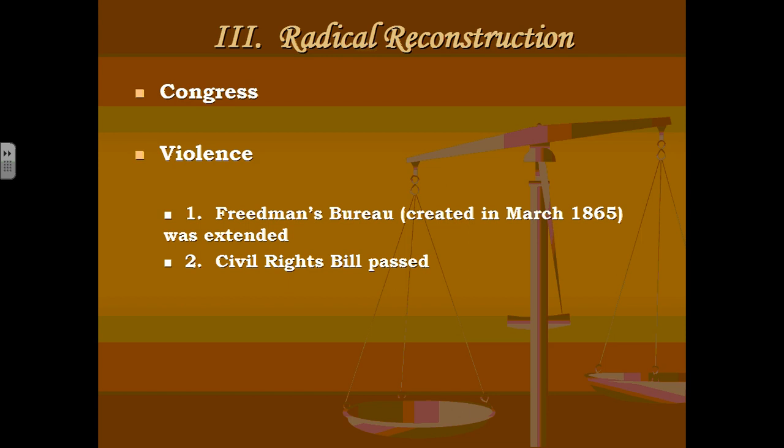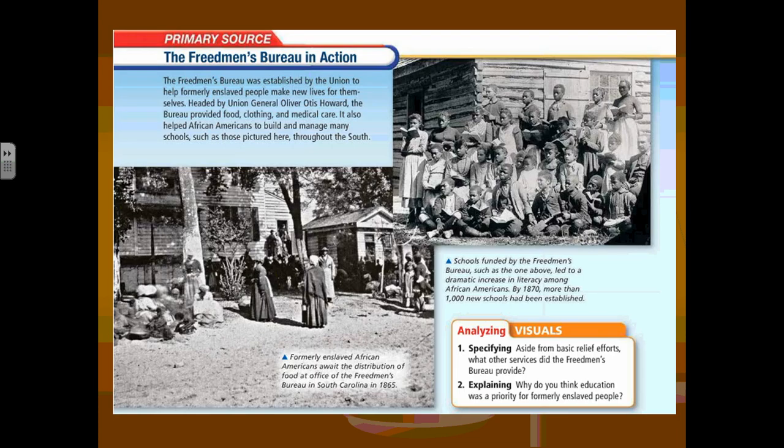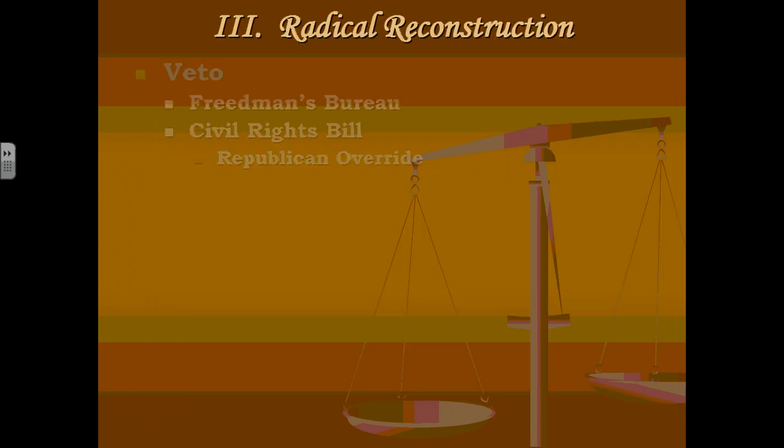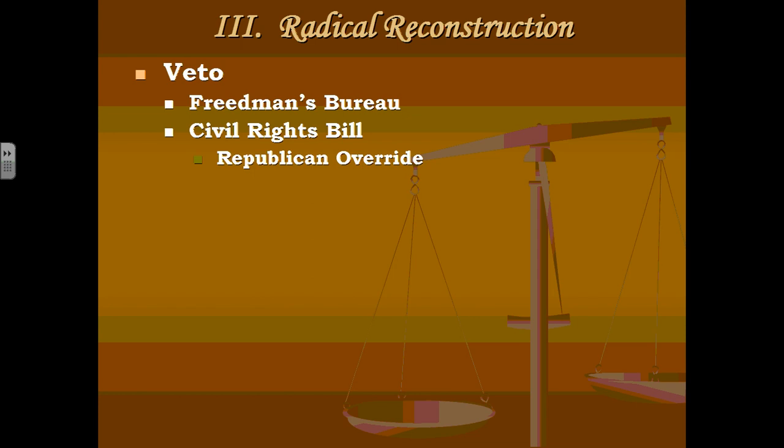A civil rights bill was also passed, designed to protect the civil rights of African Americans in the South. So you can take a look here, and this gives you a little bit of information about the Freedmen's Bureau. Johnson vetoed both the bill to extend the Freedmen's Bureau and the Civil Rights Bill.